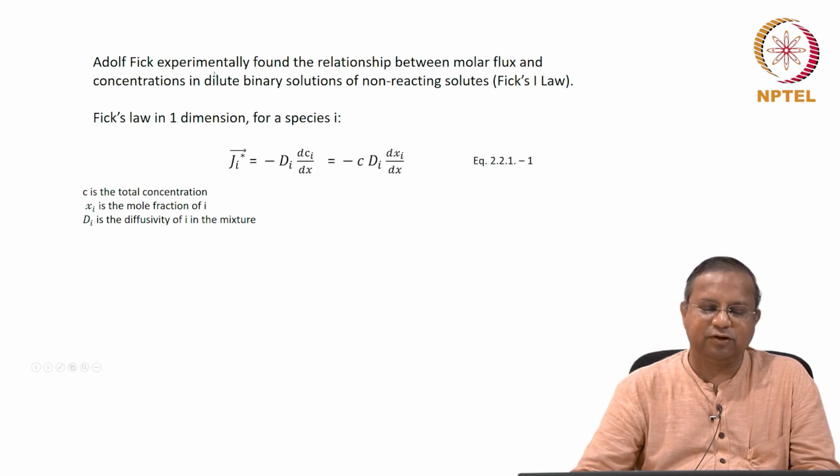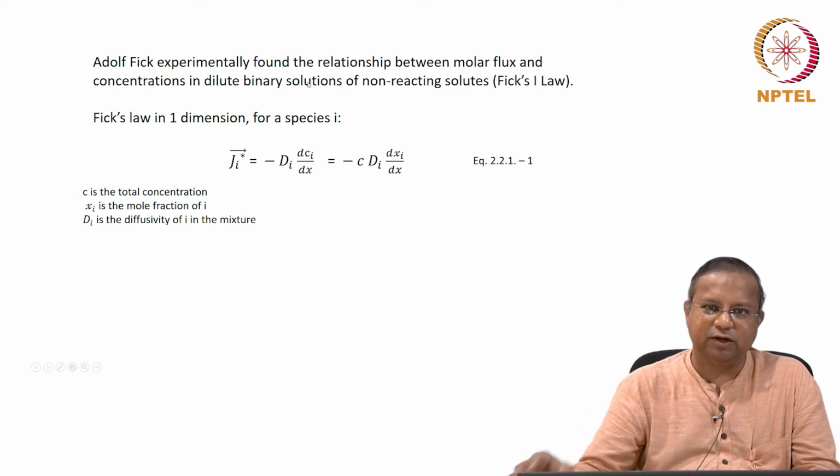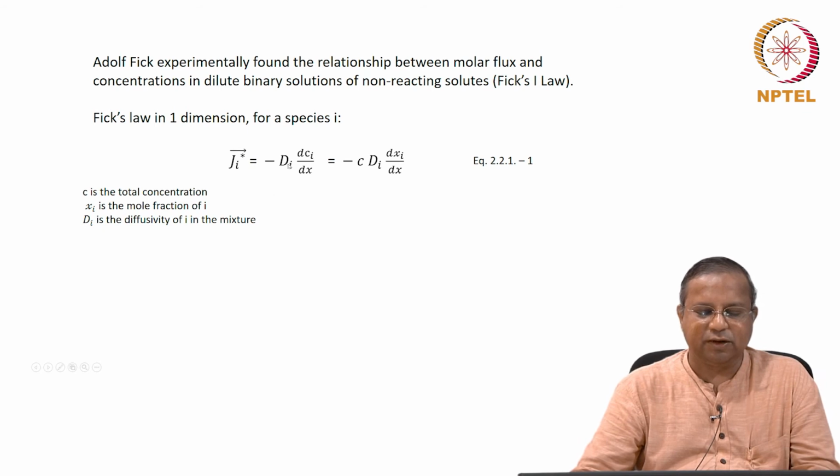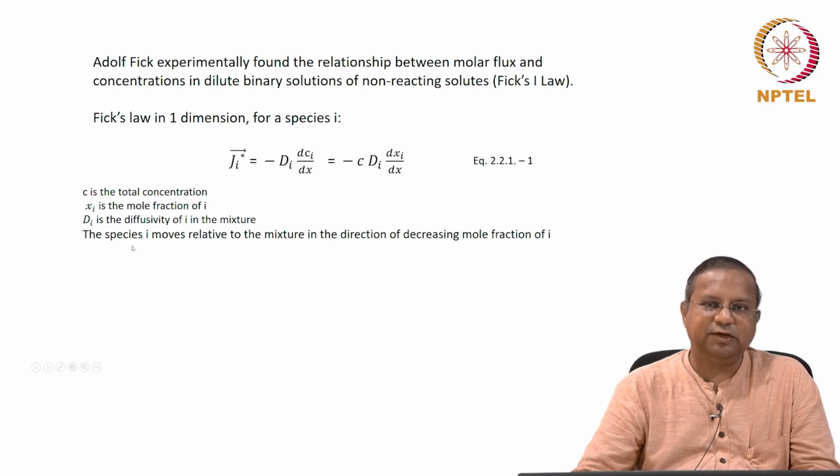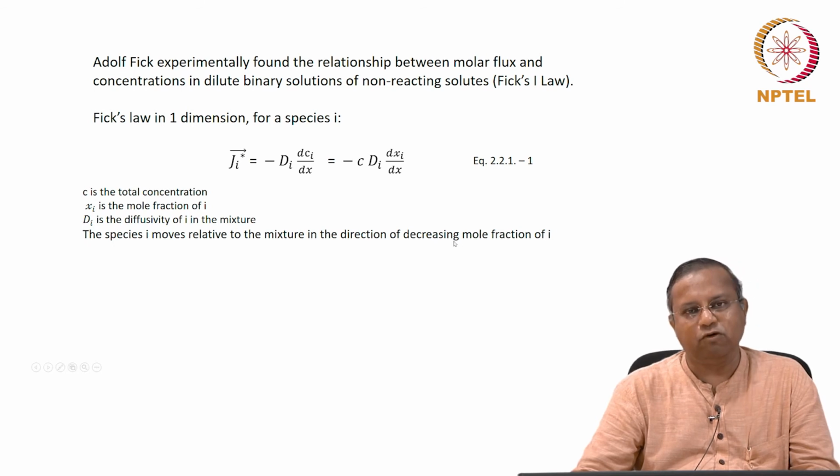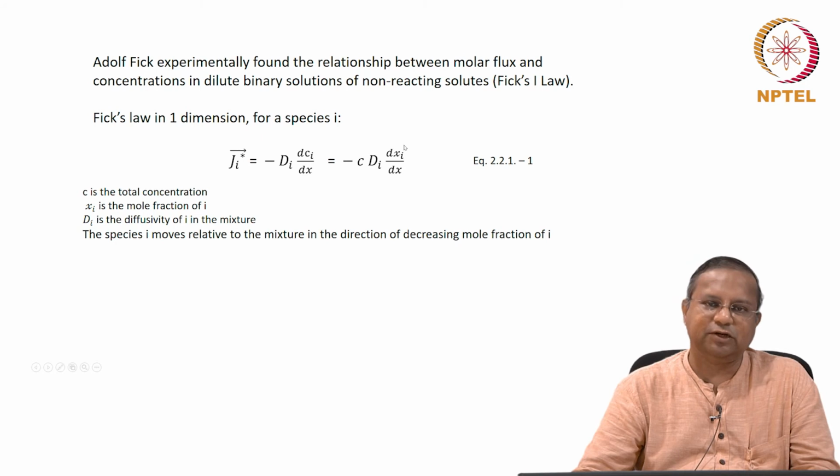Although written for a binary solution, you can extend it to multi-component mixtures also. That is the reason I put in a Di here rather than a DAB or something like that, to generalize it to a multi-component mixture. So, Di is the diffusivity of i in the mixture. The species i moves relative to the mixture in the direction of decreasing mole fraction of i. That is the reason why there is a negative here. The flux is proportional to the negative of the concentration gradient.